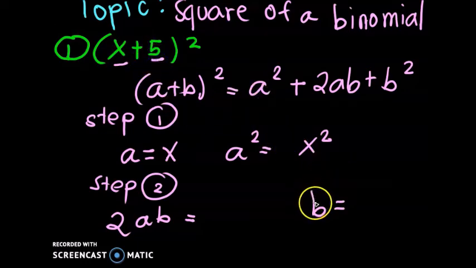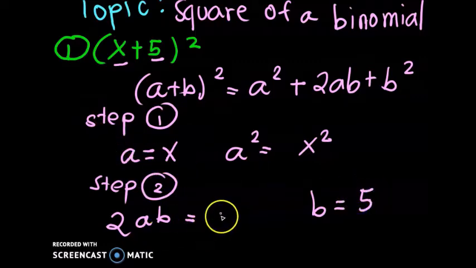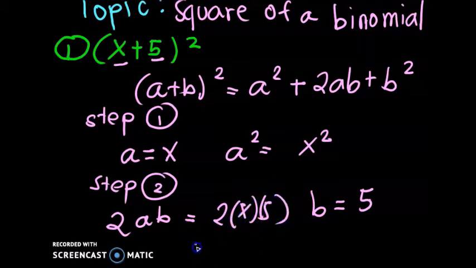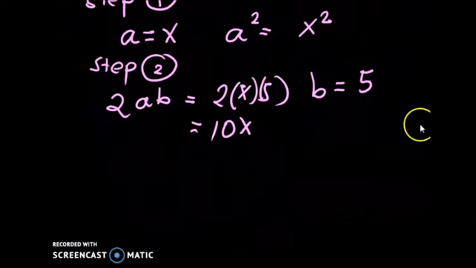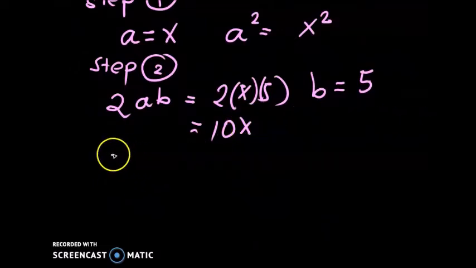Having that 5 there, we must multiply the 5 with the x. So 5 times x, we've got 10x. That's step number 2.